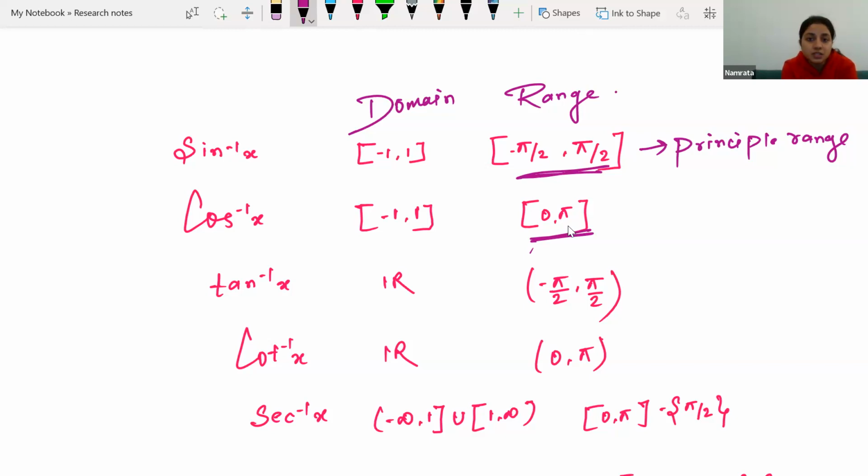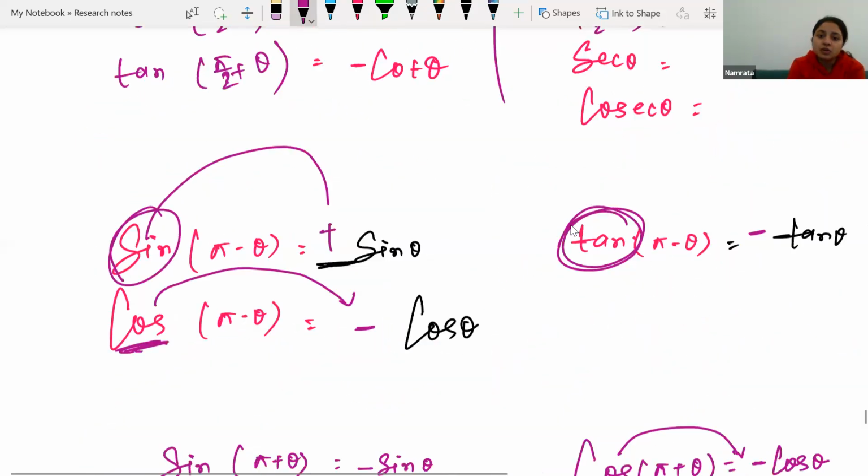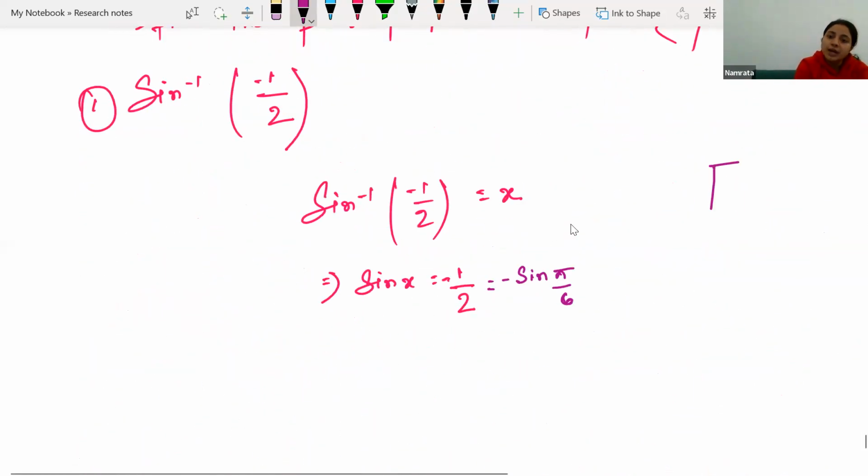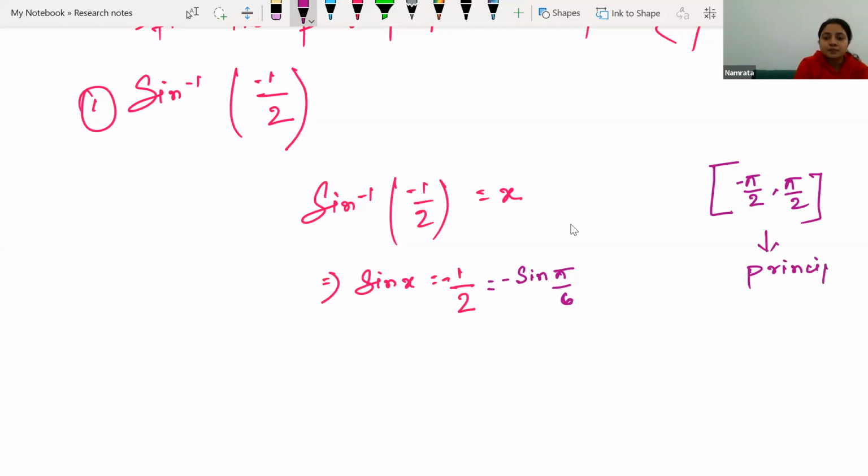Whatever answer we get must lie between minus pi by 2 to pi by 2. That is called the principal range.